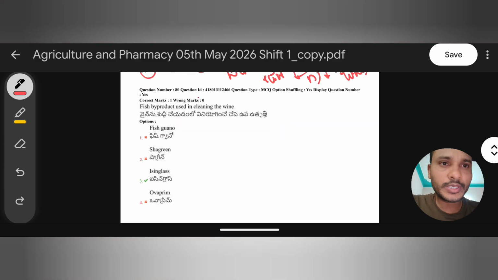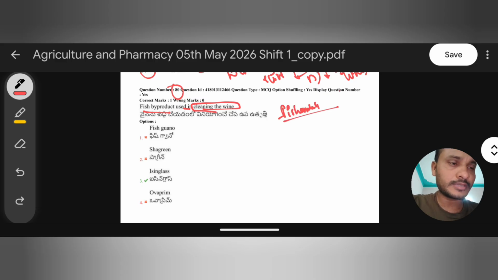Okay, next and the last question from zoology, the 80th question: fish byproduct used in cleaning the wine. Which fish byproduct do we use for cleaning wine or beer? We will discuss. These questions are from fisheries, one of the important topics in strategies for enhancement of food production.